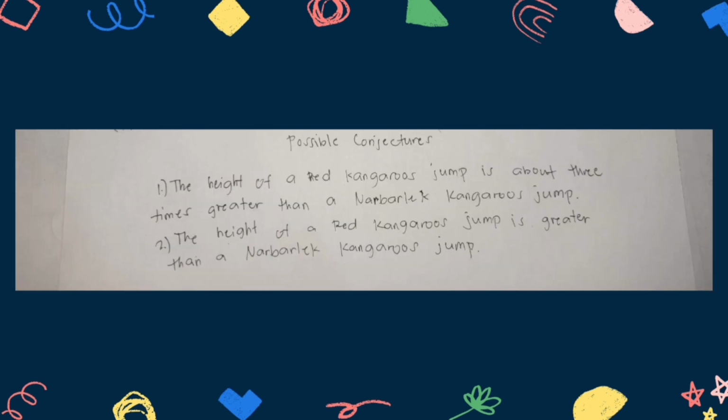So we have our possible conjectures. Number 1, the height of a red kangaroo's jump is about 3 times greater than a narbarlek kangaroo's jump. And number 2, the height of a red kangaroo's jump is greater than a narbarlek kangaroo's jump. So that is all for this example.